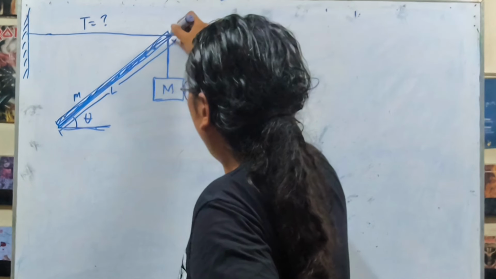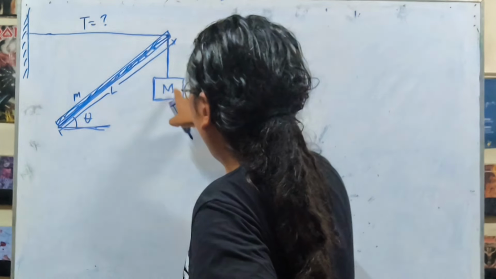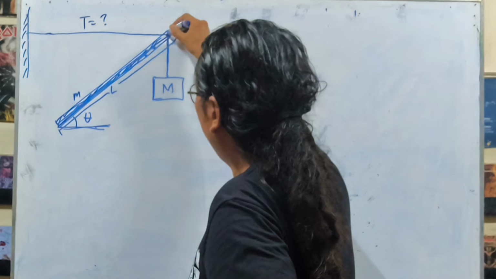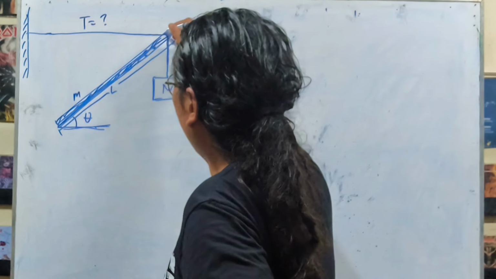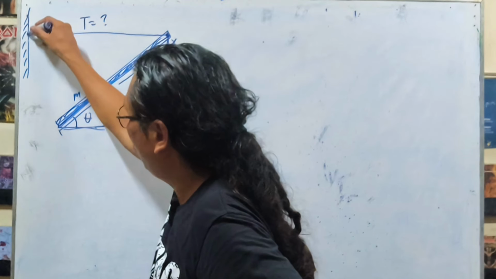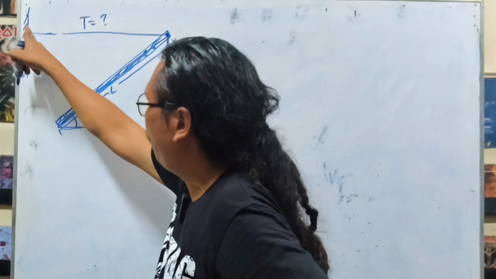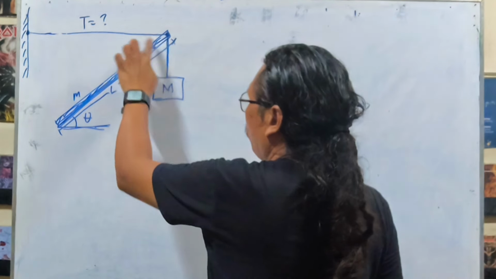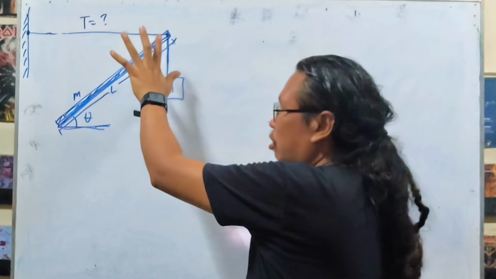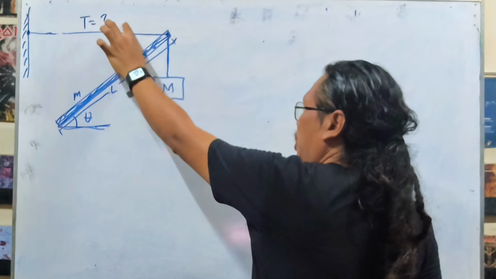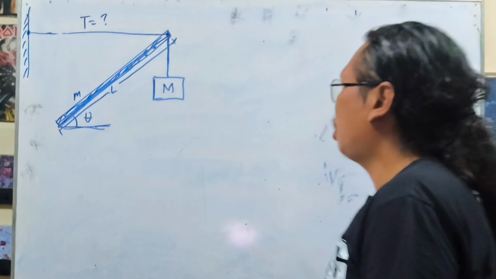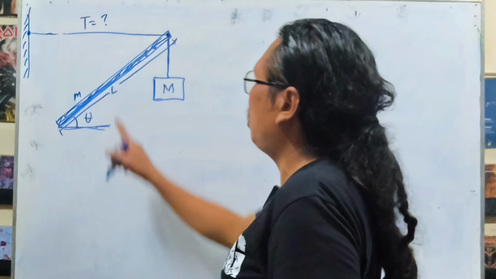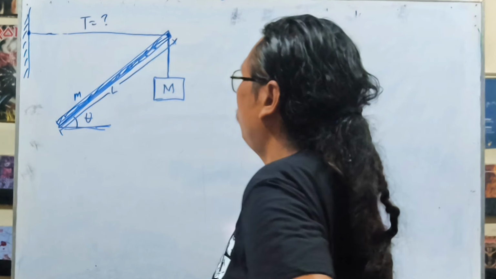Now, on the edge of the crane you have a block of mass m attached to it, and also the edge of this one is tied to a wall right here. And let's assume that this cord and that cord are disconnected. That means that the tension here is not the same as the tension here. Okay? So we want to know what the tension is if this is in equilibrium.